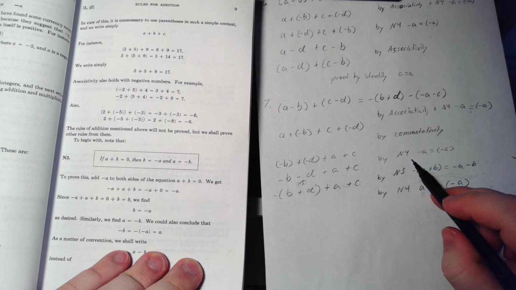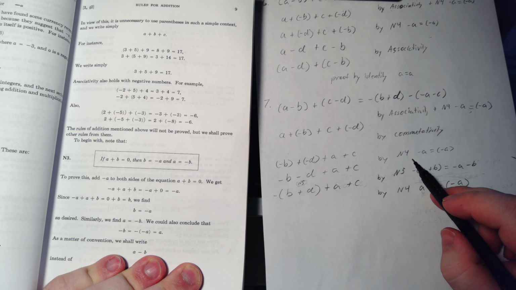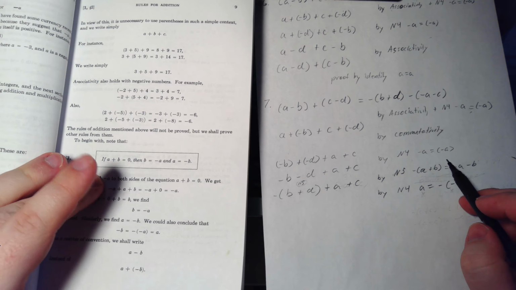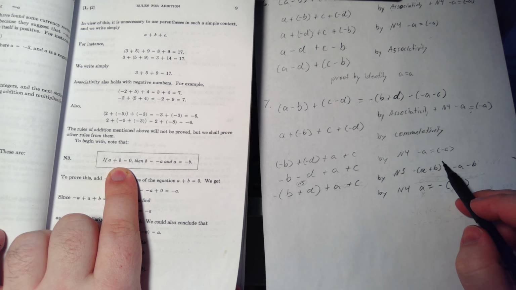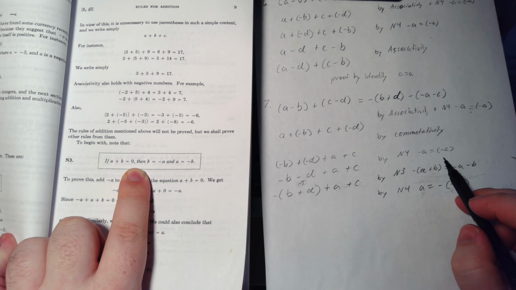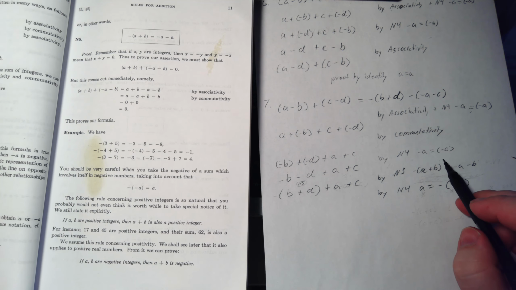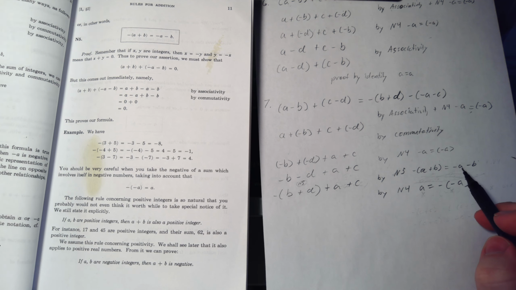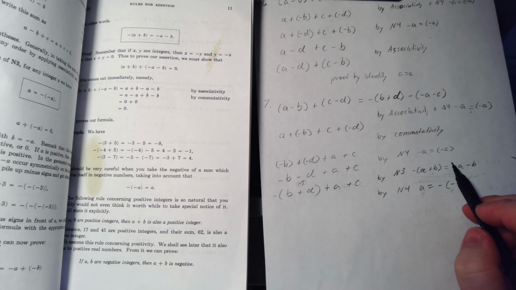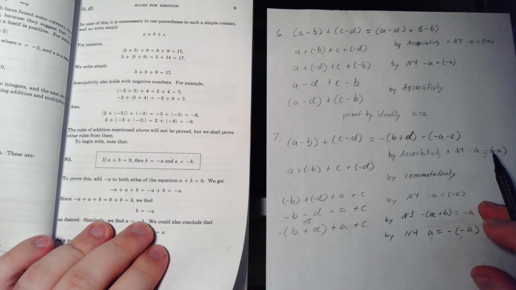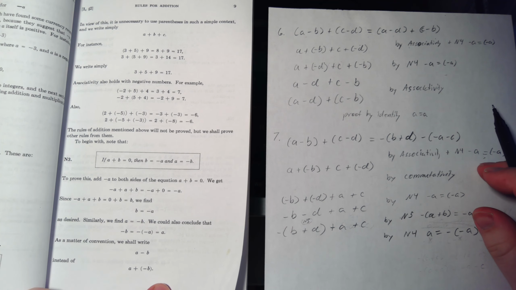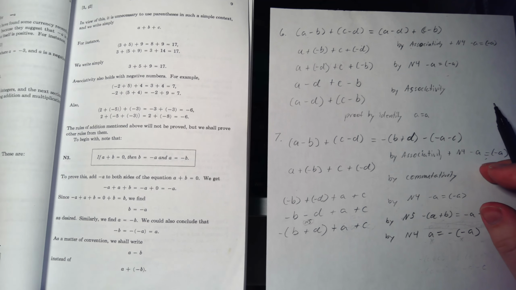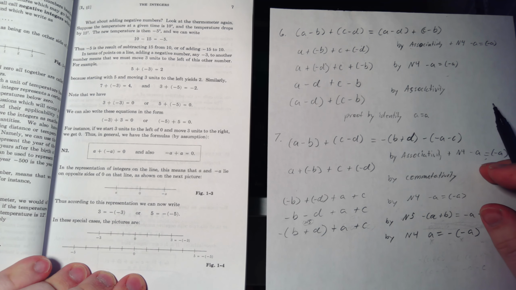Is that N3 then? No. Well, it's a different a. N3. N3 is a plus b equals 0. What have I been writing this whole time? I keep writing it N4. That's not right. That can't be right.